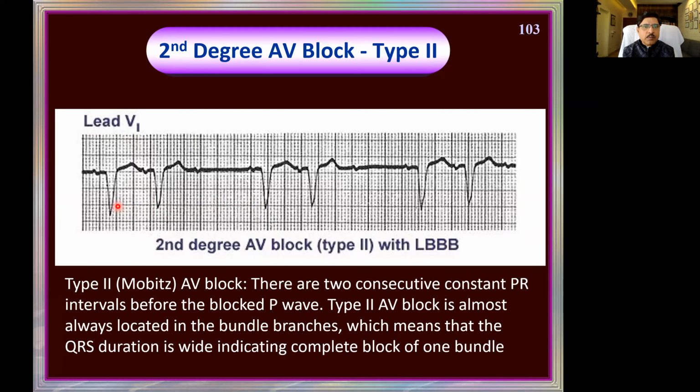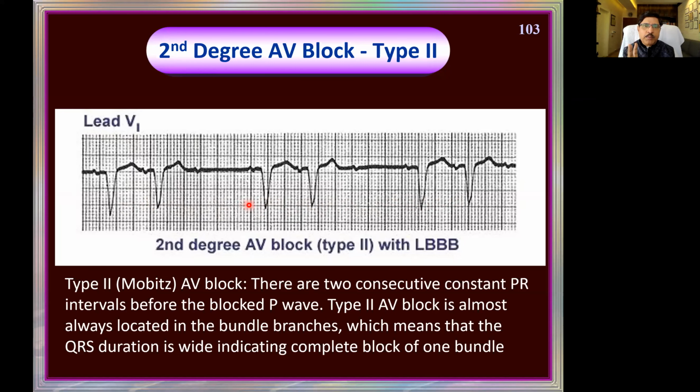This one is 3 big squares, that is 0.6. So 0.6 doubled is 1.2. Again, this is 3 big squares, that is 0.6. This is again 6 big squares, that is 1.2. This is 3 big squares, this is 3 big squares, this is 3 big squares, and this is 6 big squares.